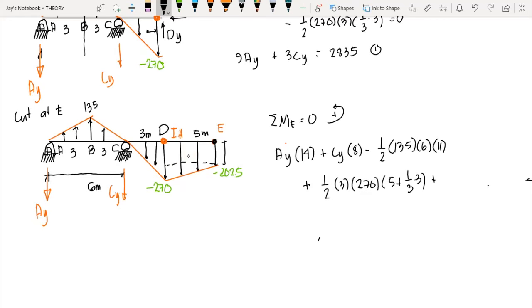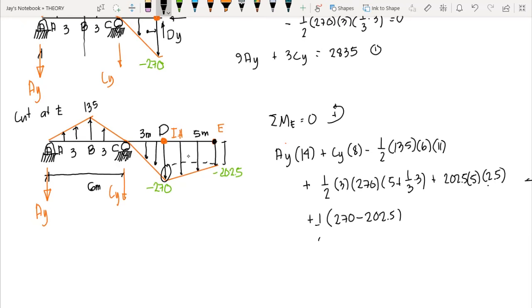So let's begin with the rectangle. We have 202.5 times 5 times 2.5. That's the moment arm. Plus, now for the triangle, we have 270 minus 202.5, this height here.